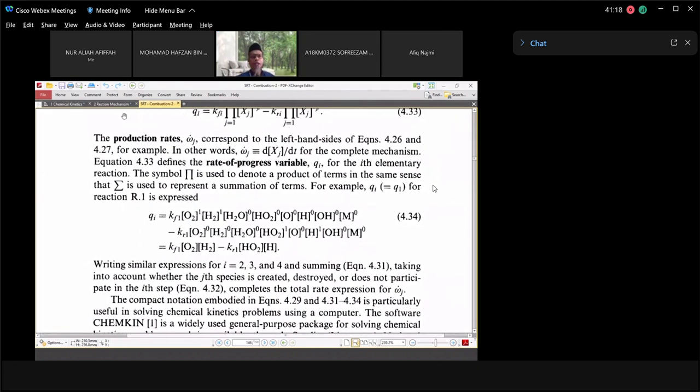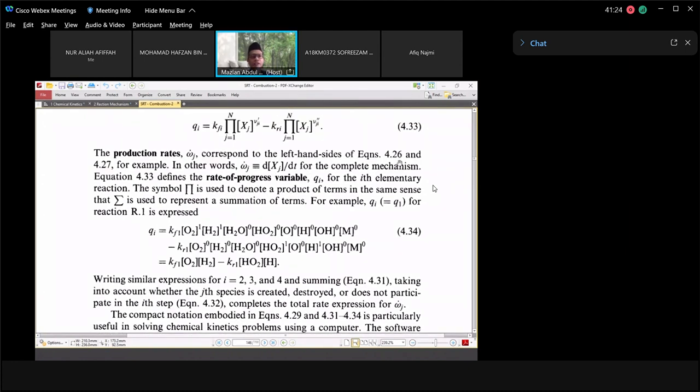The production rate, which is omega dot J, corresponds to the left-hand side of equations 4.26 and 4.27, for example.